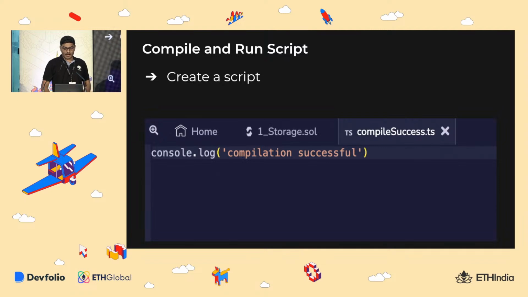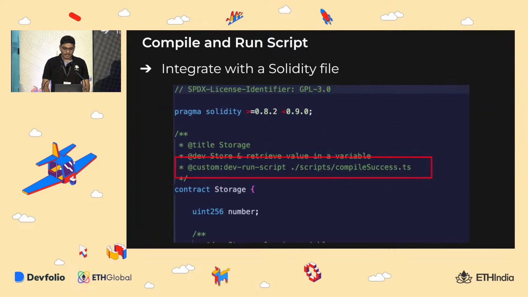For example, I'm showing you one particular script. What it is doing is just having one console log, and then I can go to my contract file, the Solidity file, and on the top of the file in the natspec, I can add this particular tag, custom dev run script, and then the file path.